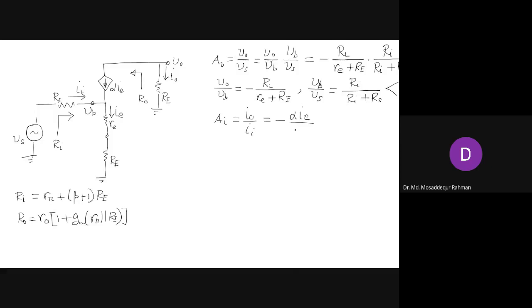Sir, IB. Yeah, the input current is IB, the same as the base current. Alpha IE is actually the collector current IC. So that we write as minus IC by IB. And what is IC by IB?